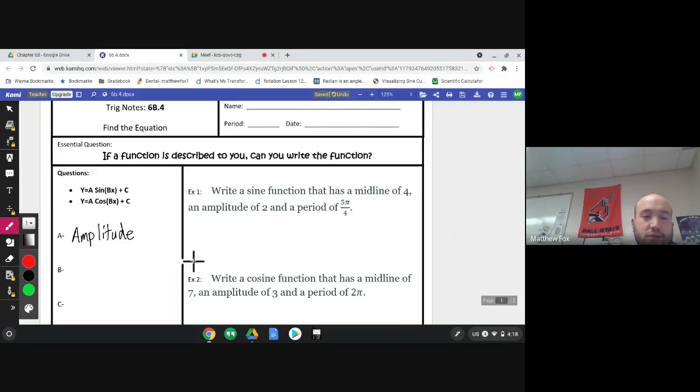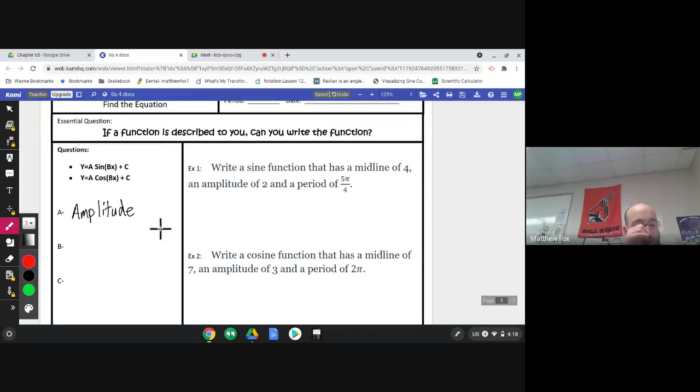Now our next one, the b term. Whatever's in front of the x, inside those parentheses, helps us find the period. We know that our period is equal to 2 pi divided by b.